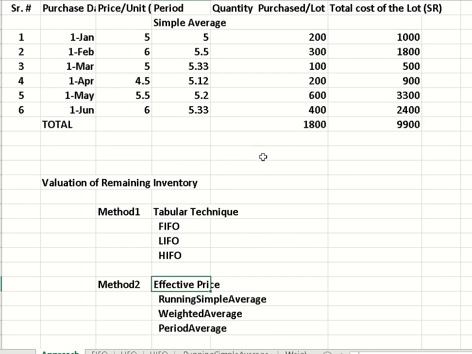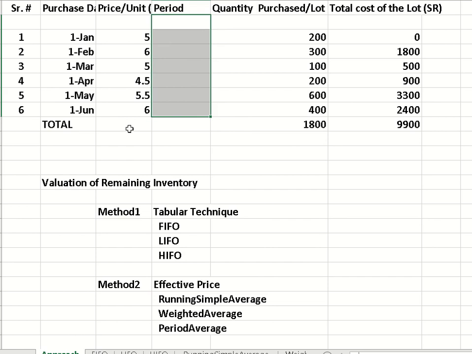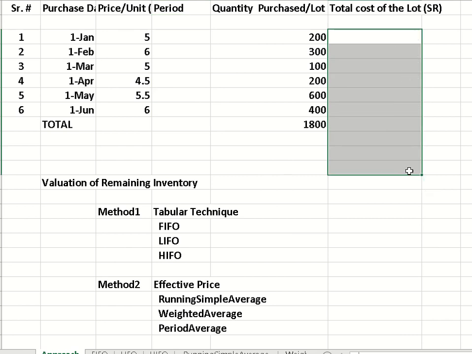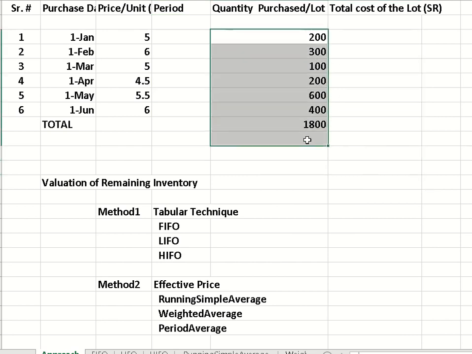All right, and in this particular exercise, in this particular discussion, we will consider a situation where during the first of the month, January 1, February 1, a certain item, say t-shirt, is coming in with the price and the quantity. These are the transactions of that particular item. So let me just rewrite this.